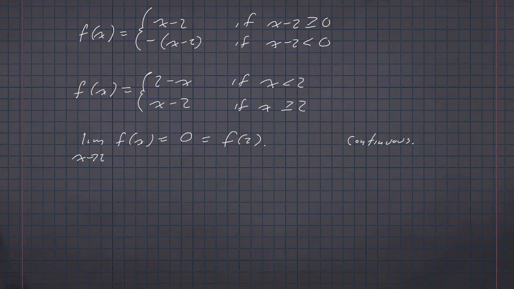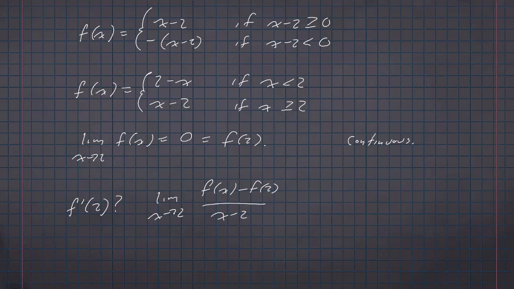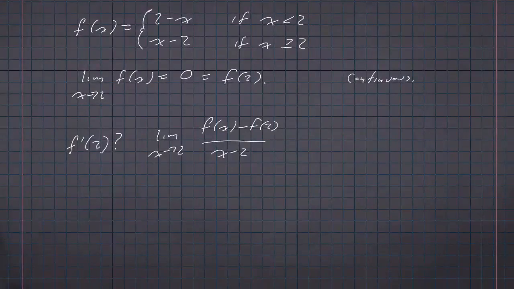But what of the derivative? f prime of 2. Well, we have a couple of ways of talking about the derivative. The limit as x approaches 2 of f of x minus f of 2 all over x minus 2 is a classic way of dealing with it. f of 2 is, of course, 0, but f of x changes value whether you approach from the left or from the right.